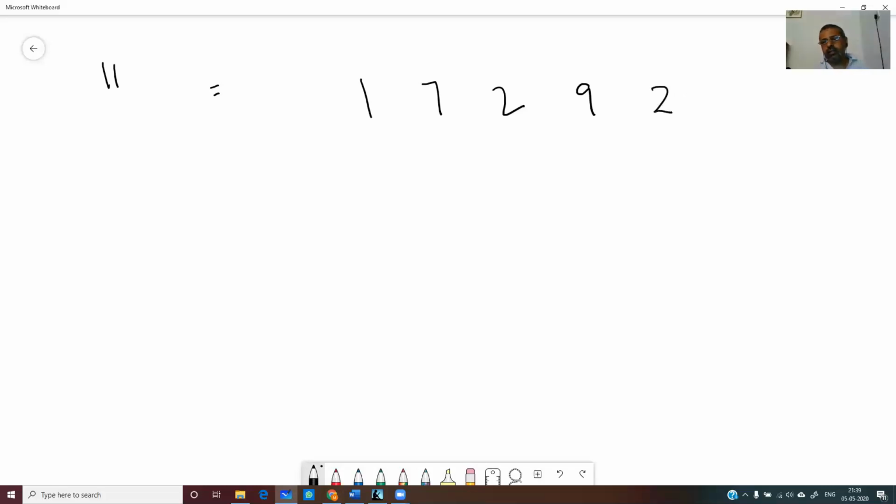Now, is this number divisible by 11? Listen carefully. I take the odd positions, and then I take the even positions. The odd positions are 1, 2, and 2. Add them up. How much do I get? I get 5 here. Now I'm adding the ones in the even positions.